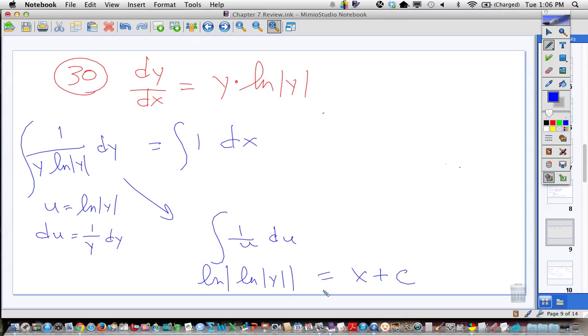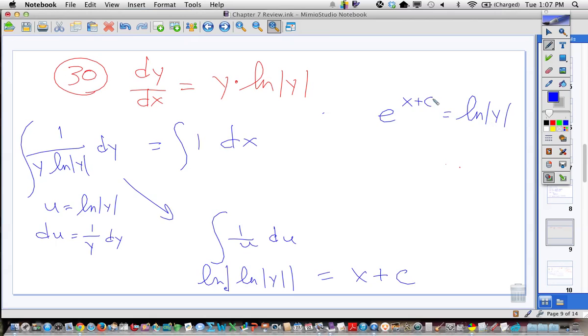So that's why I'm not going to give you any like that. There'll be ones that would be just as easy to do without a calculator as they are with a calculator. But how would you solve something like this without a calculator? It would be e raised to the e twice, right? In other words, start on the outside, and so you go e to the x plus c is equal to ln y.